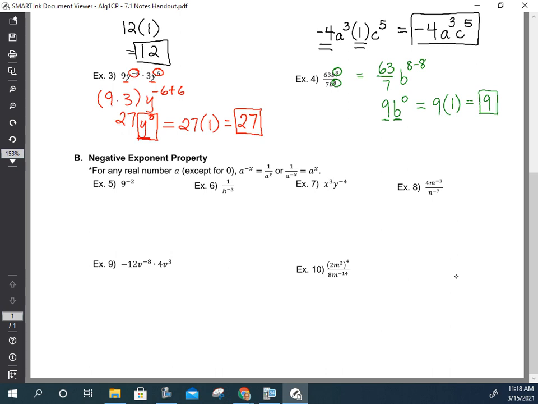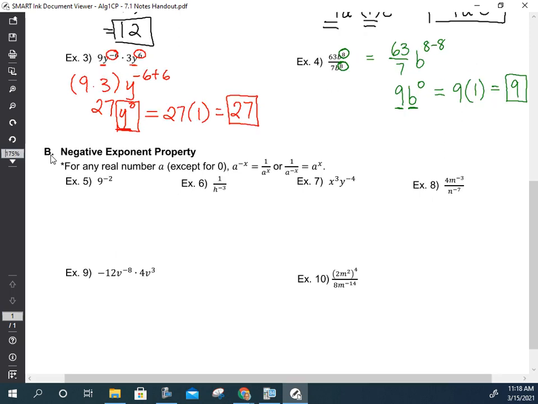All right, negative exponents. The negative exponents property is the trickiest of the 7 properties because this is where you do a lot of moving around, and it depends on where the negative exponent is located. Negative exponents are not allowed, period.